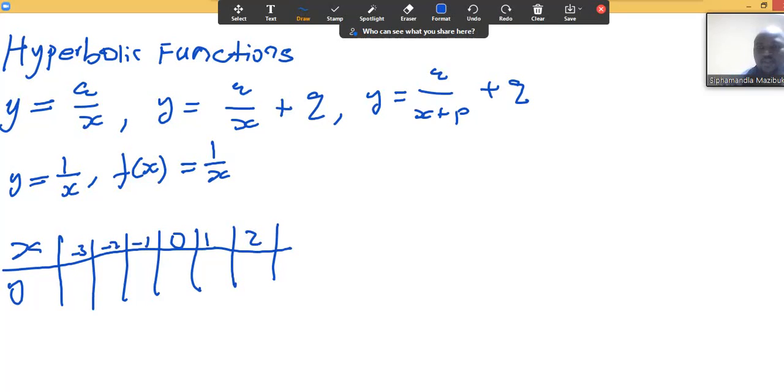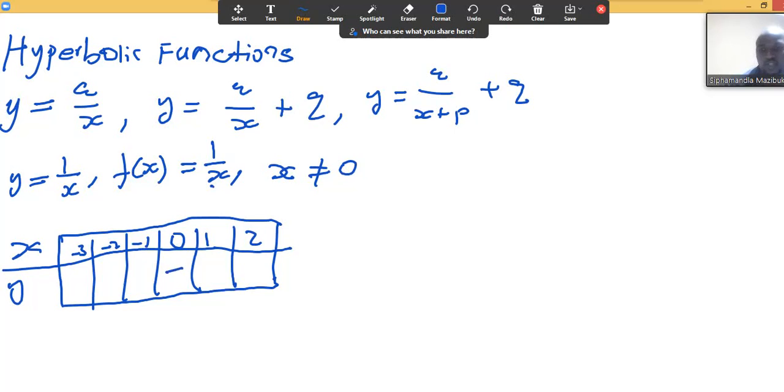So let's start with f of x equal to 0. In this case our domain will be like x can never be equal to 0, because if x is equal to 0, it will be undefined, so this one doesn't exist.